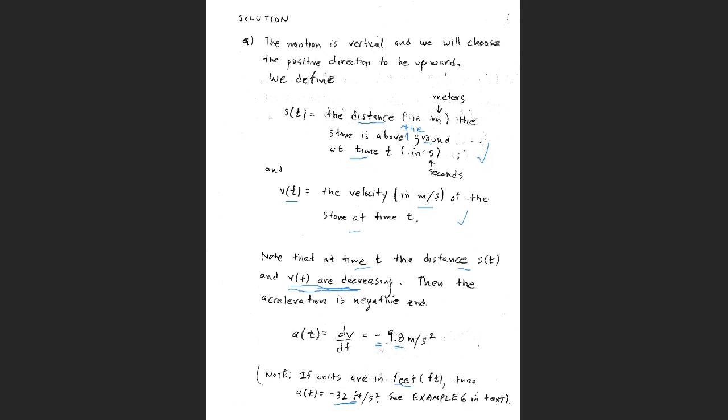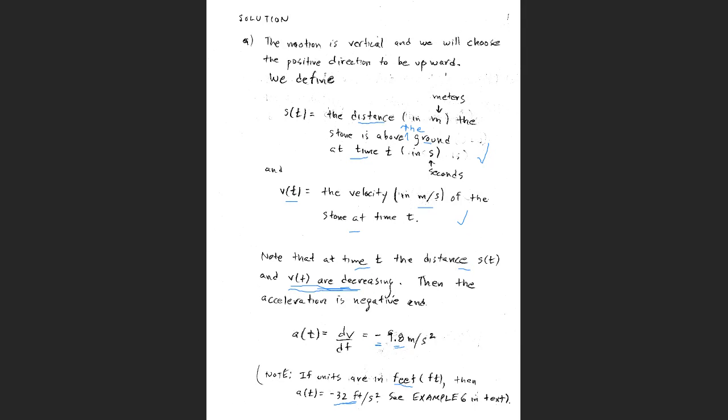In example 6, they deal with a ball being thrown off the edge of a cliff, and in that problem the units are in feet. So example 6 in the text is another problem similar to this one, but with different units.